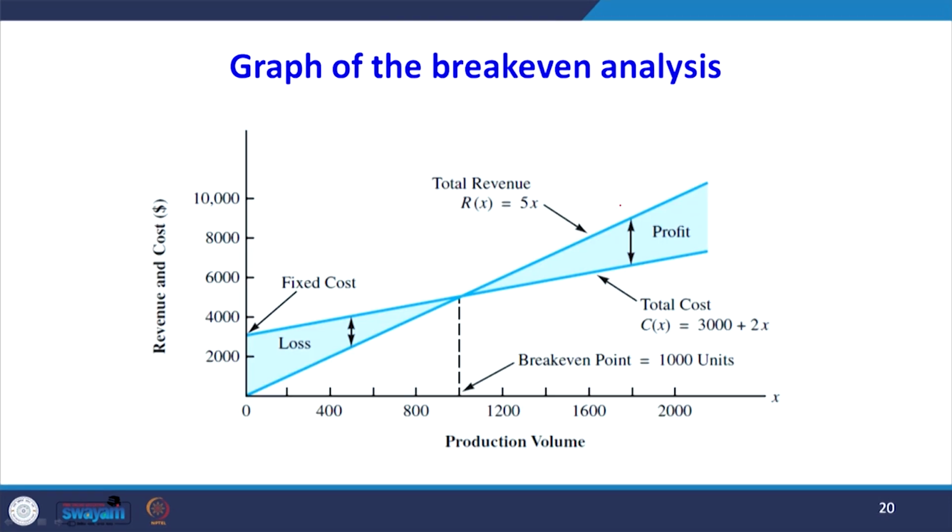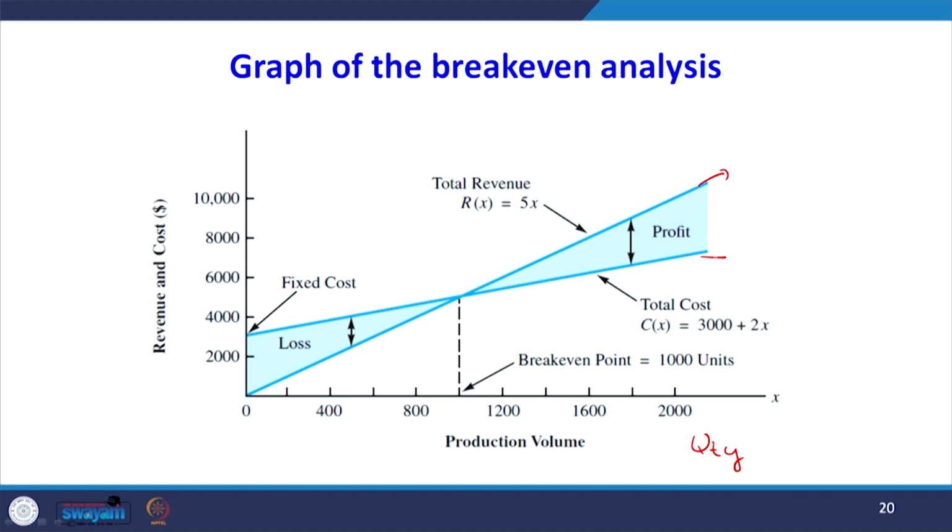When you look at this picture, in the x axis is the quantity, that is the production volume, in the y axis is revenue and cost in terms of dollars. So, here this line shows your revenue function, this line shows your cost function.